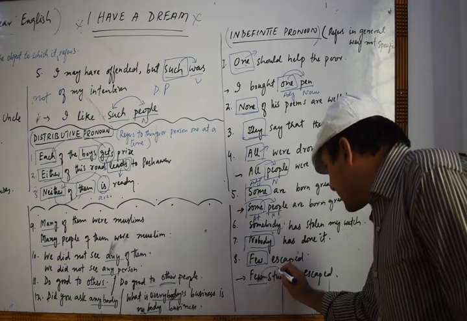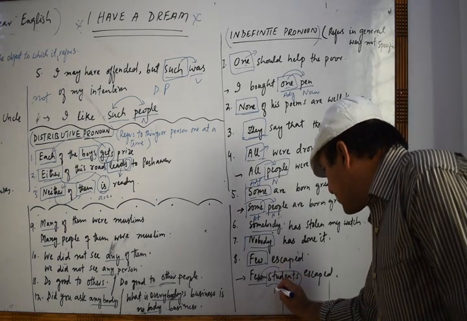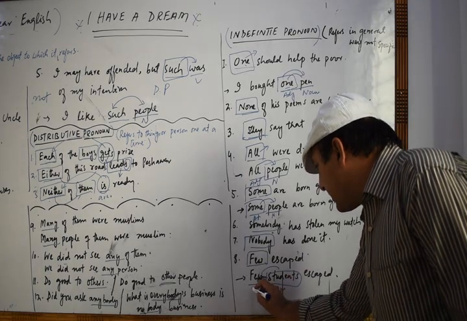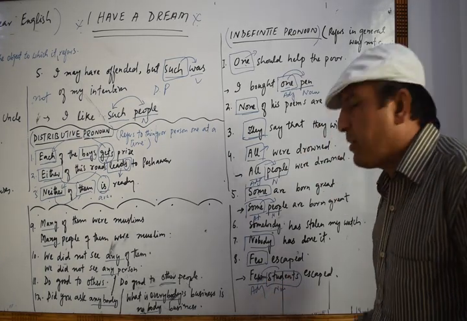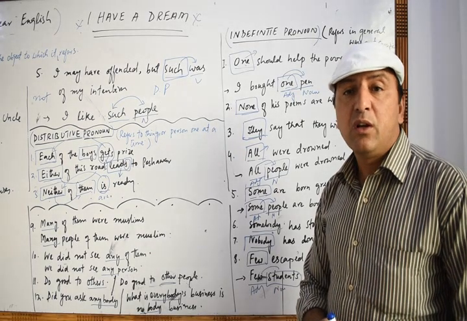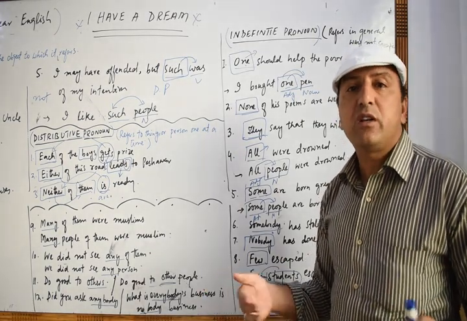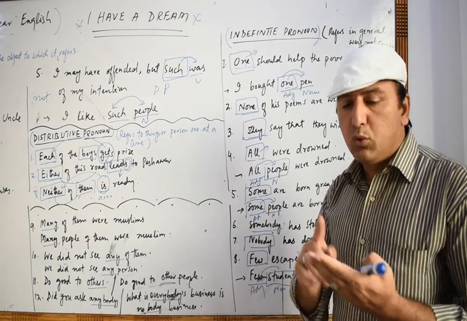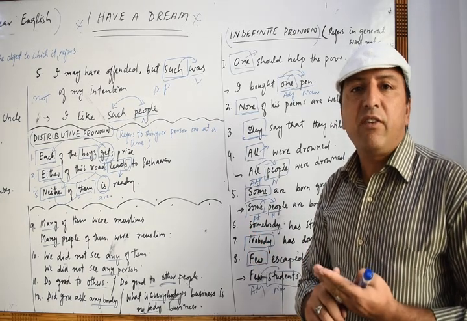But "few students": now you see it modifies "students." So this is known as an adjective of number. "Few" is also an indefinite adjective of number. We don't know the exact number, so that is why we use "few." If we say 2, 3, 4, that is a definite adjective of number.